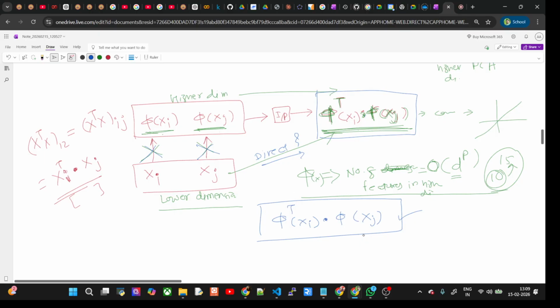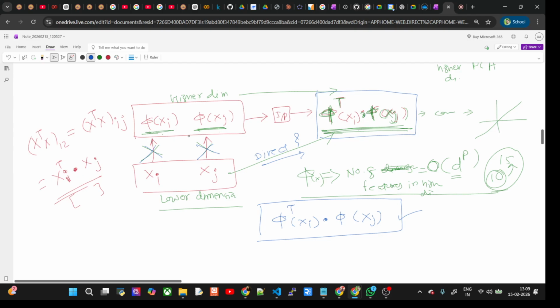Okay. So is there any issue, any question till now here? Nothing more happened, but we are going towards the point. I mentioned what the problem is in the phi calculation, the feature map calculation. We need to get the number of features in the higher dimension, and getting that has a time complexity of d raised to p.